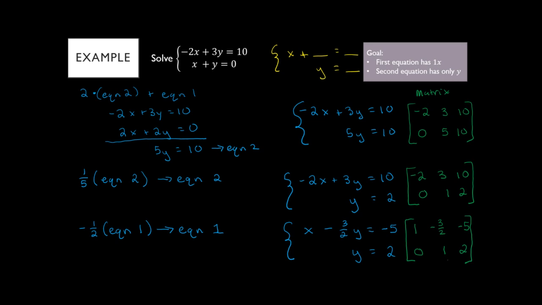Now we're going to do the back substitution step. I'm going to go to another slide and rewrite this so we have it in front of us. We have a curly brace, x minus 3/2 y equals -5, and y is equal to 2. So this is our row echelon form.